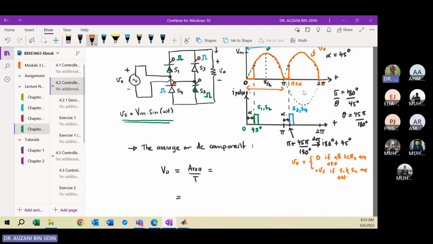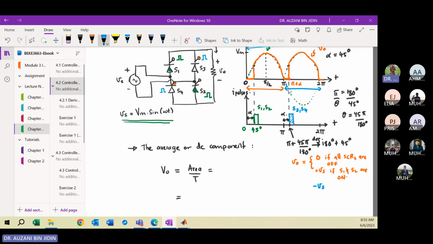For the second half cycle, from pi to 2 pi, you can turn on SCR S3 and S4 when you apply the current pulse, the blue color. So in this case, your VO will be what? Positive Vs or minus Vs? Minus. So you invert the source voltage.